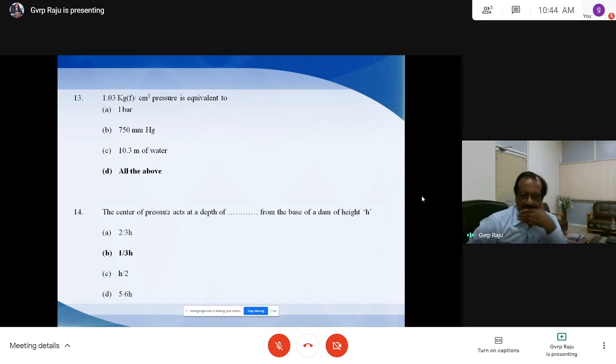And the other one, 14. The center of pressure acts at a depth of dash from the base of the dam. So we have seen the dam.